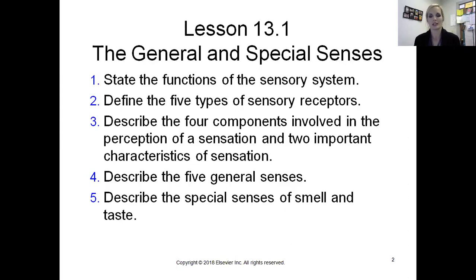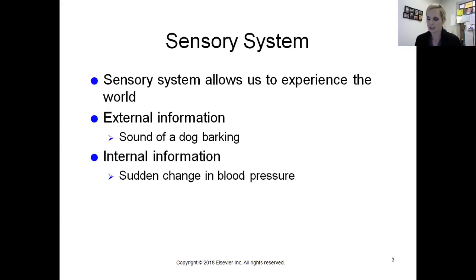We're going to look at the 4 components involved in the perception of a sensation and some different characteristics of sensation. We're going to look at our 5 general senses as well as the special senses of smell and taste. And like I said, in a separate section, we'll look at sight and sound. Okay. So let's take a look.